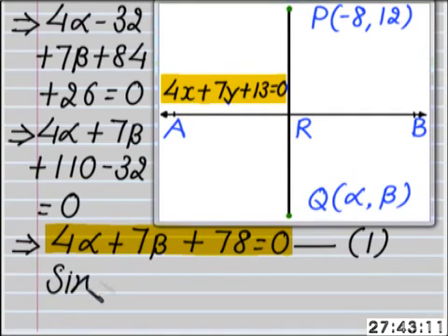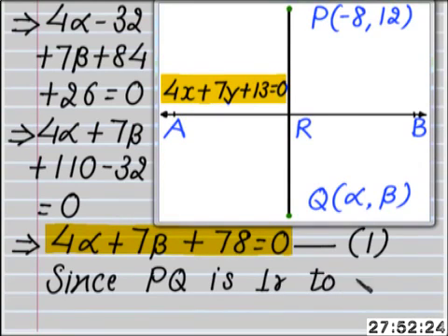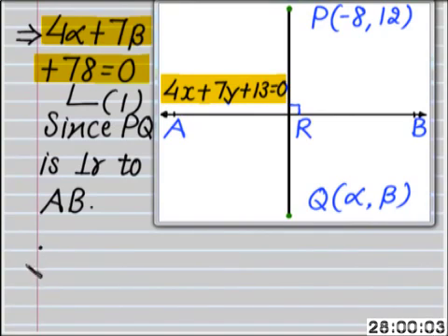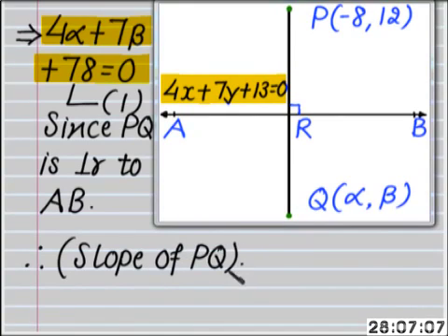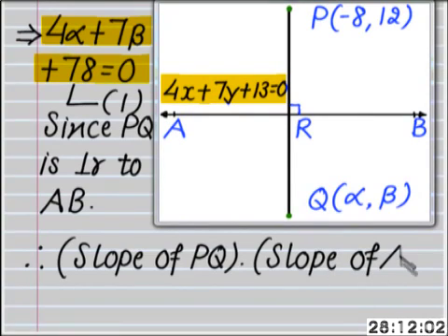Since the line segment PQ is perpendicular to the line AB, therefore slope of line segment PQ into slope of line AB is equal to -1.